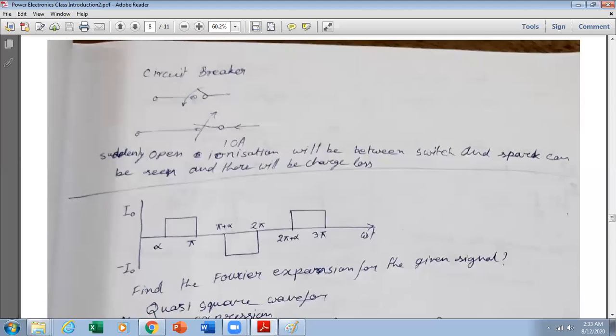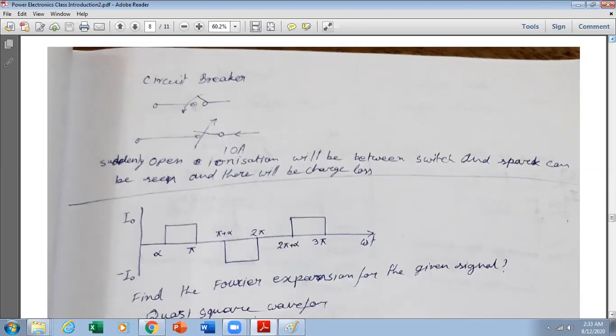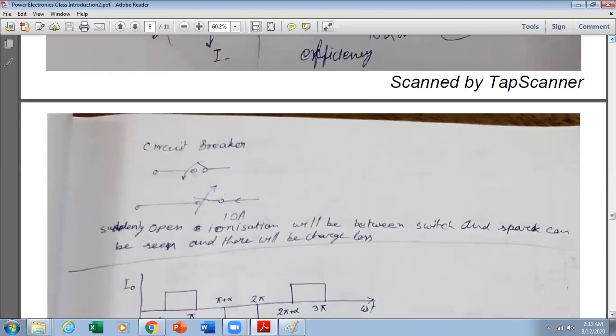We have discussed that if you suddenly break the wire which is carrying current, and it was in a conduction mode, and you suddenly tear or open the wire, then what will happen? There will be ionization created in the air in between the wire.